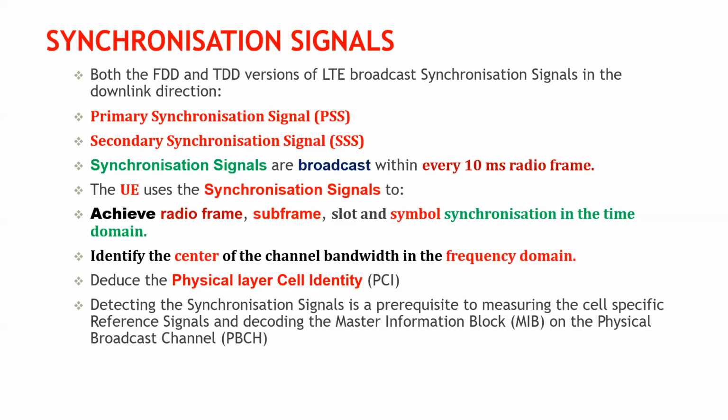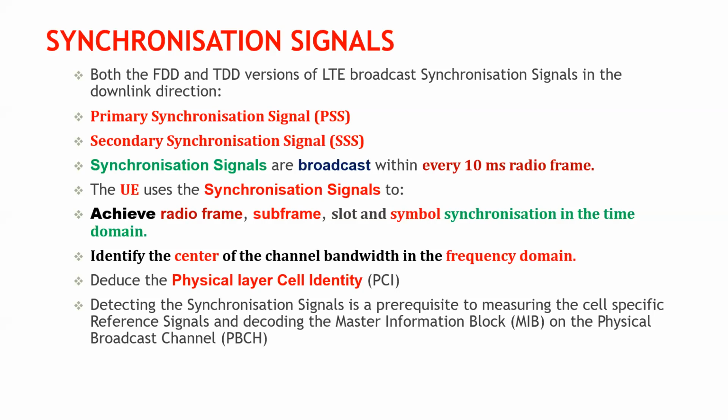So in a nutshell, the purpose of synchronization signals transmission in the downlink direction, from ENB to the UE, is to facilitate the cell search procedure.